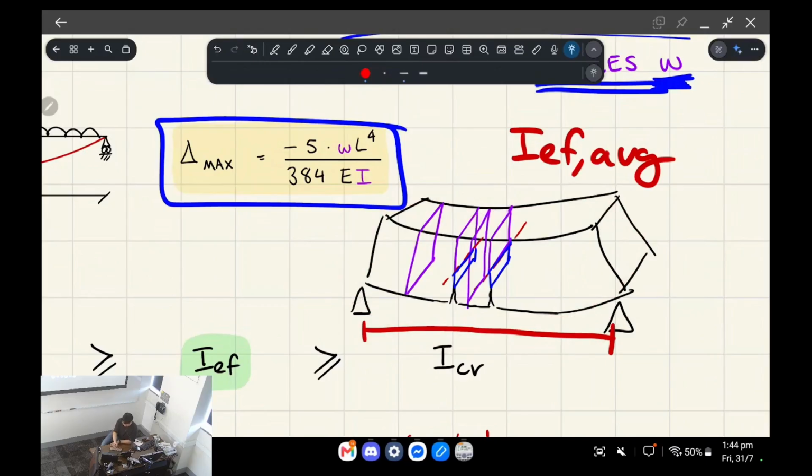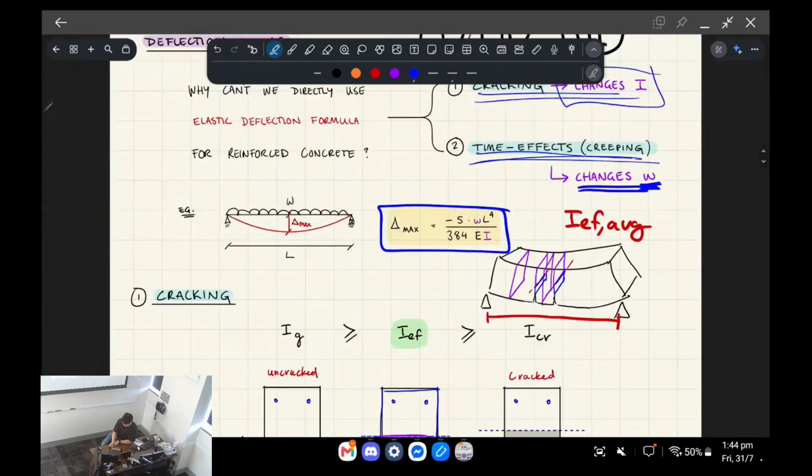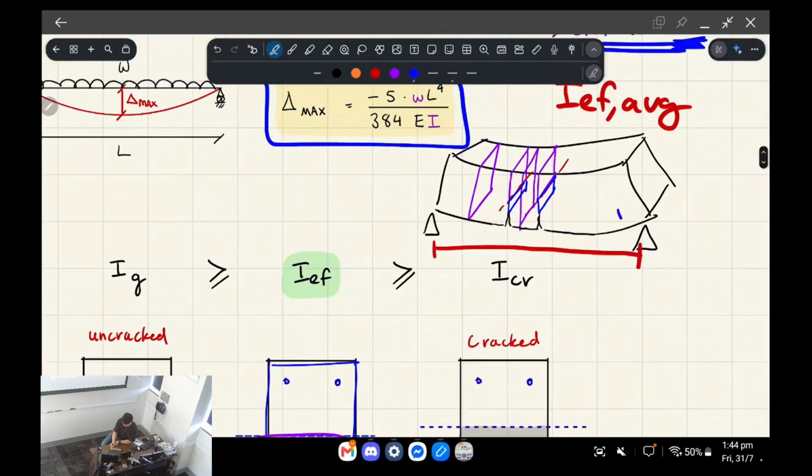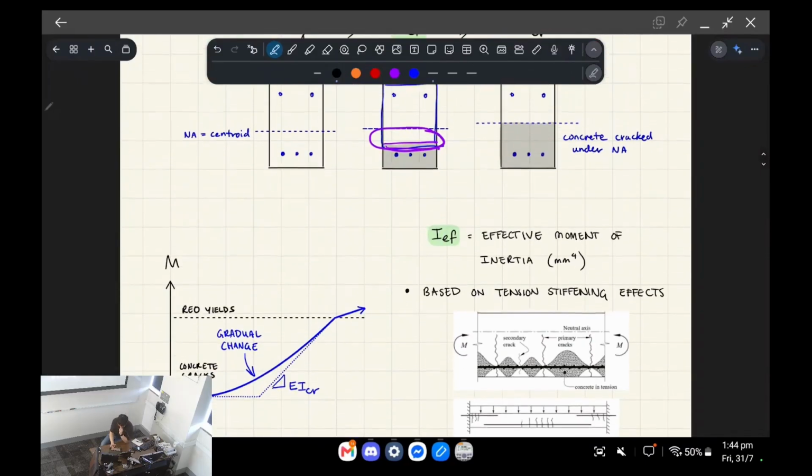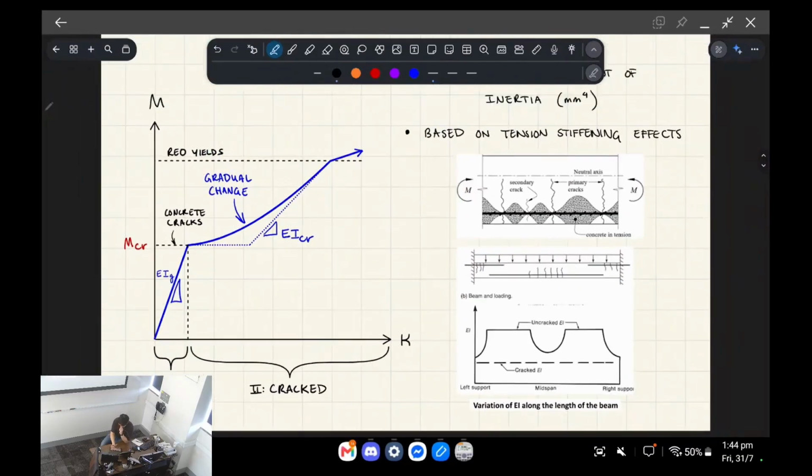So this portion over here, which doesn't have any cracks, can contribute to the stiffness more than this portion which does have a crack, for example. Okay, so there's other ways to look at it.